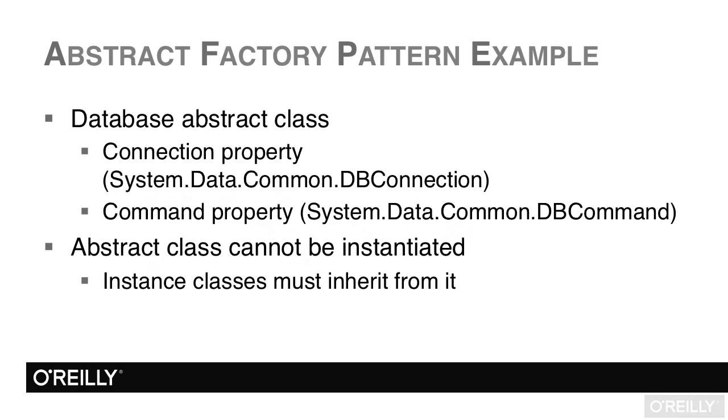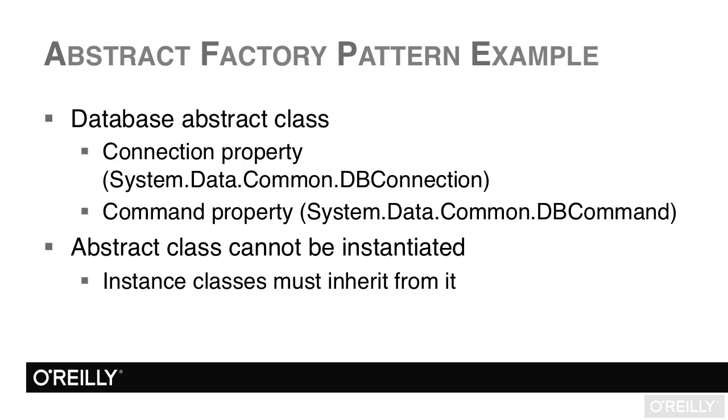So let's go back to our problem and we'll give it a little bit of a solution. We have that problem of we want to be able to work with different database types. So in our abstract factory, we're going to create an abstract class called database. Let's say it has two properties, one for the connection, which will be of type System.Data.Common.DbConnection.